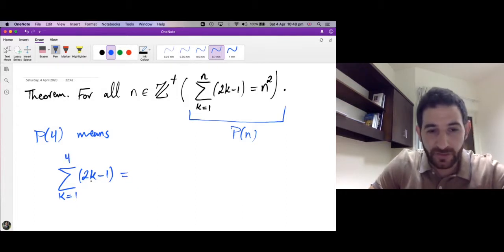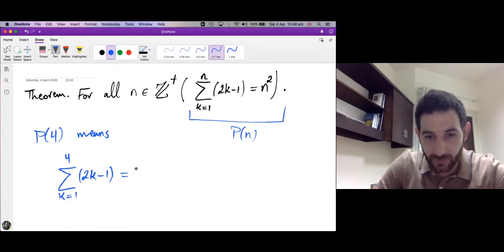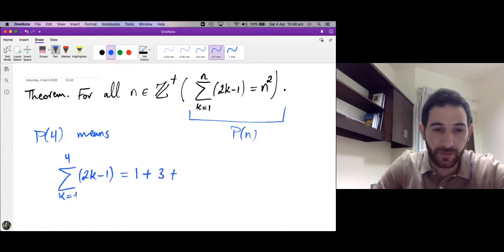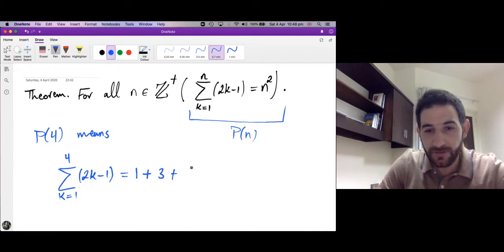You start with k equals 1, so 2 times 1 is 2, minus 1 is 1. Then you increment k to be 2, so this will be 2 times 2 minus 1, which is 3. Then k is 3, and this means 2 times 3, 6, minus 1 is 5.